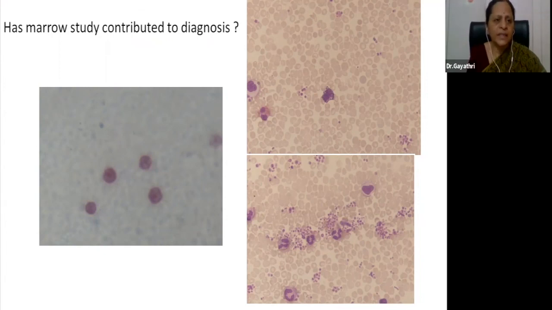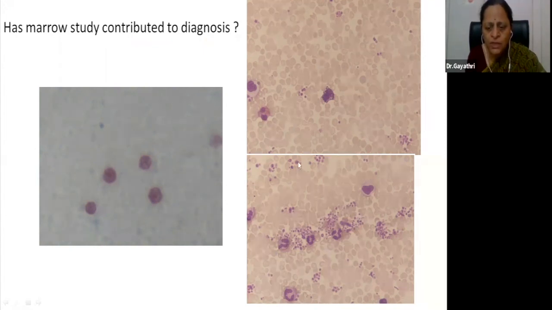Look at this case. Has marrow study contributed in the evaluation of this case with leukocytosis, occasional basophil, and marked thrombocytosis? On the differential, most of the cells are of the neutrophilic series. There is no myelocyte peak. There are no blasts.